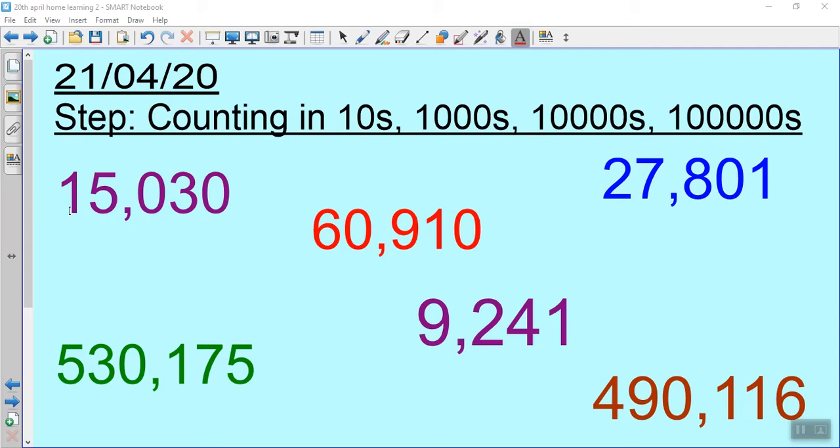Okay, here we've got 15,000 and 30. Remember what I said yesterday about the comma separating the thousands from the hundreds, tens and ones?